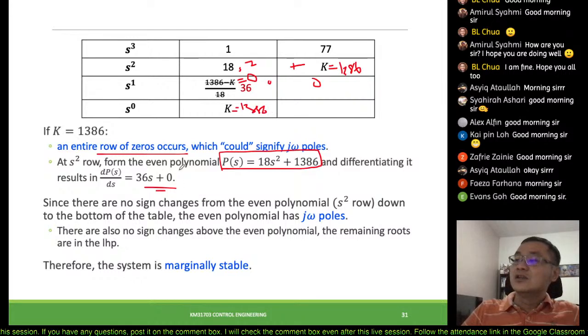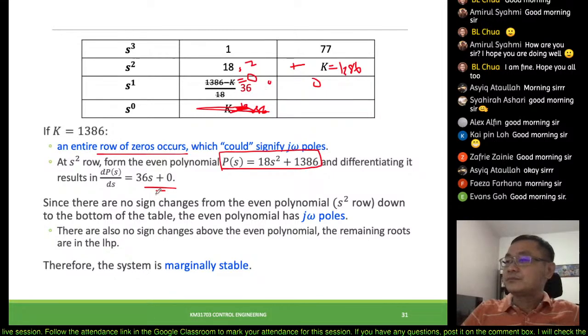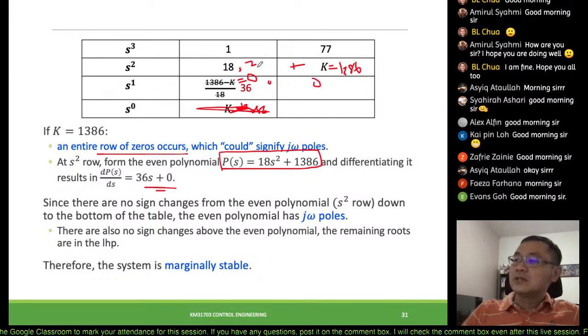All right, so we will notice that this one will not be relevant anymore because this is 36 and this is 0. You just do as usual, right? Therefore, again, we notice any sign change?